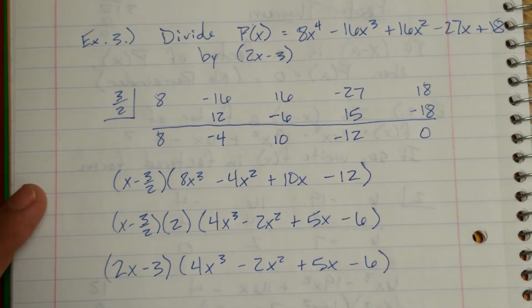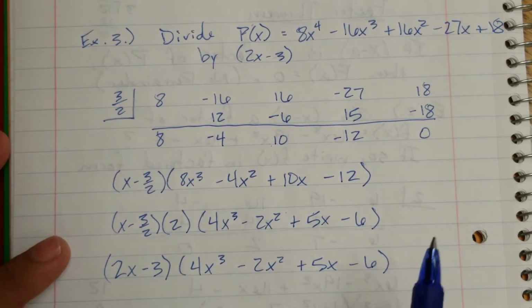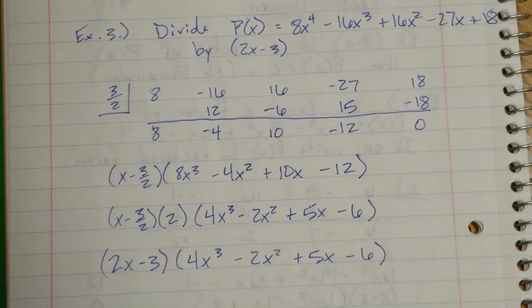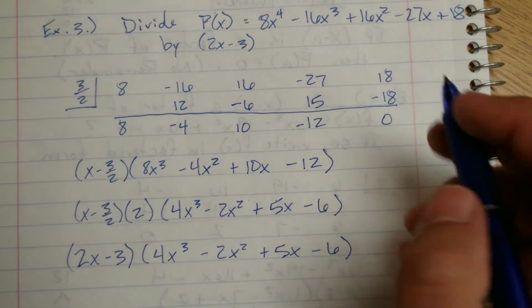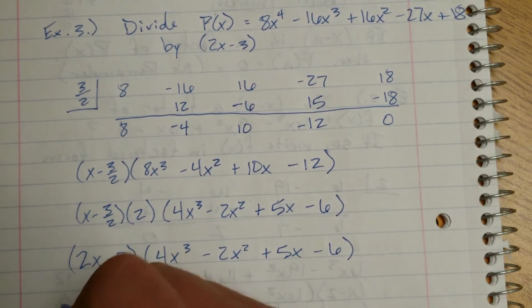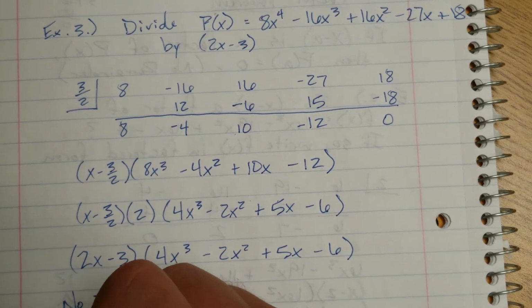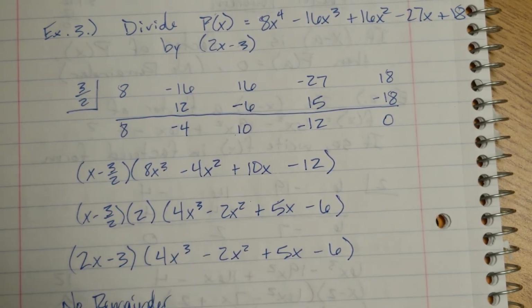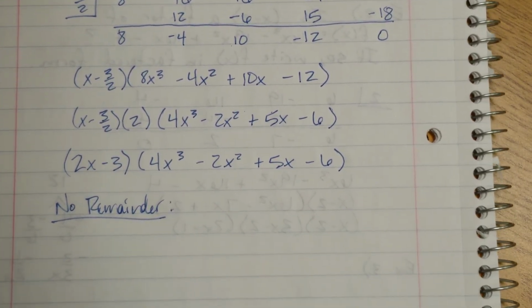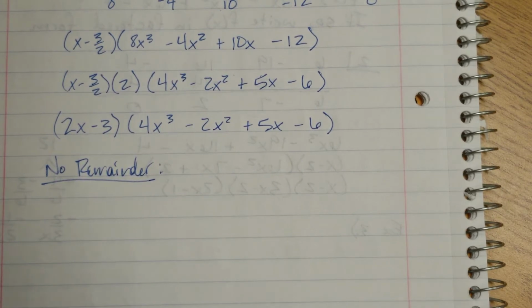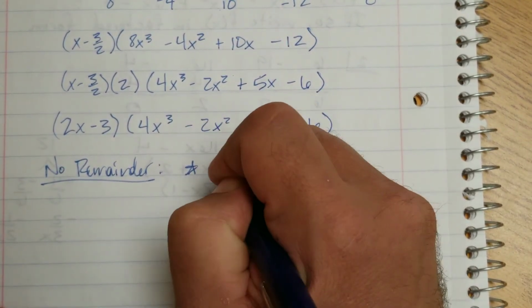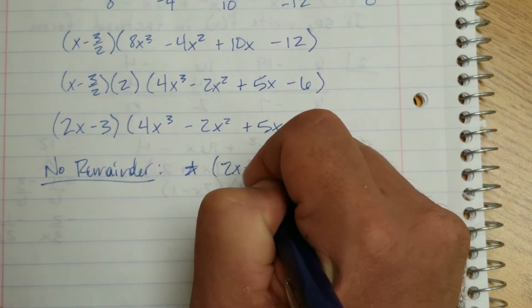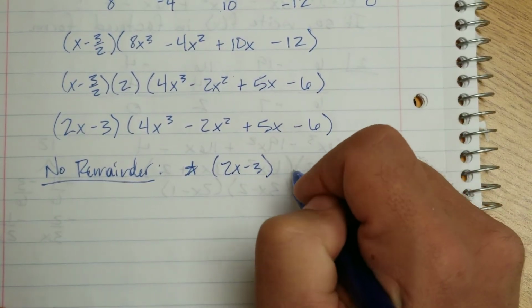That tells us a lot about these polynomials. So let's write out some information that we just figured out. What does no remainder tell us? No remainder tells us that 2x minus 3 is a factor.